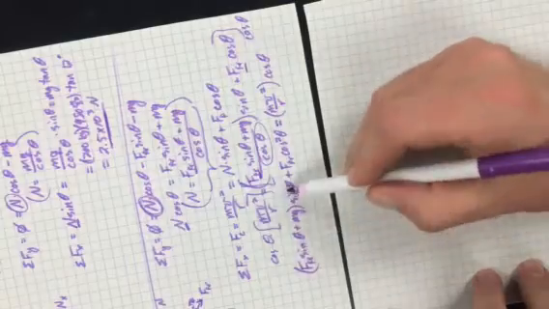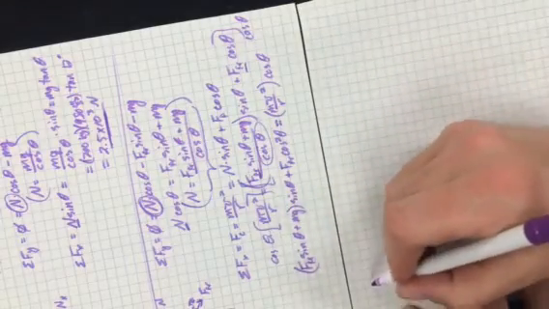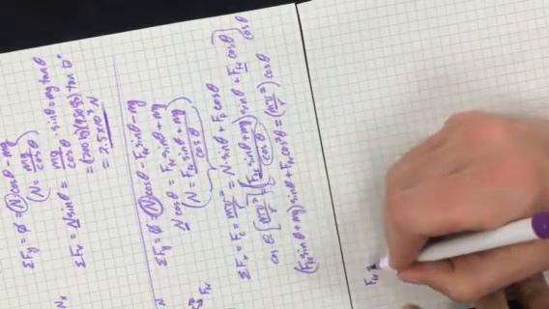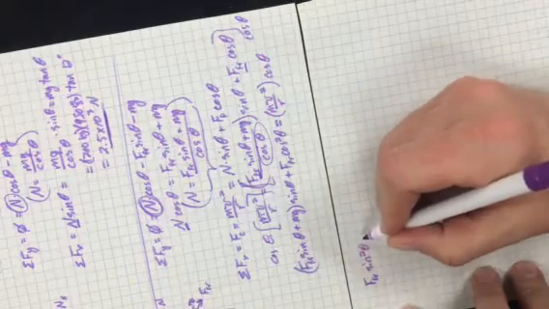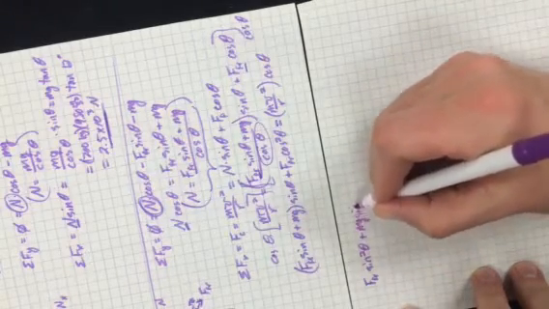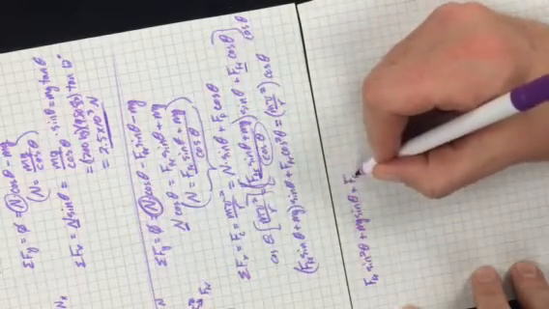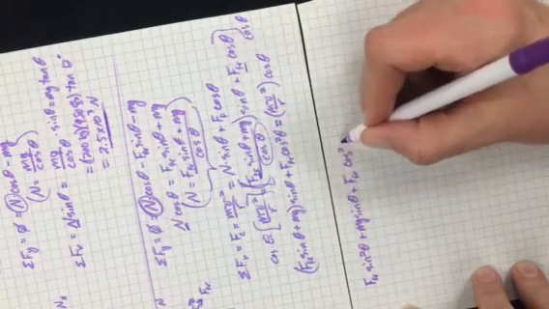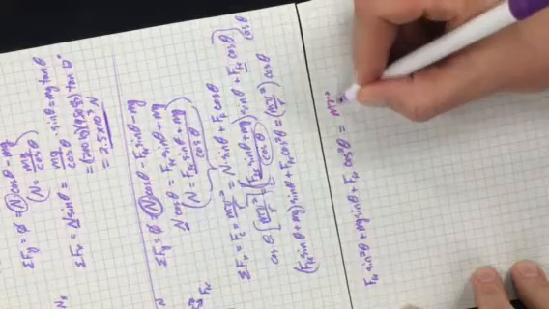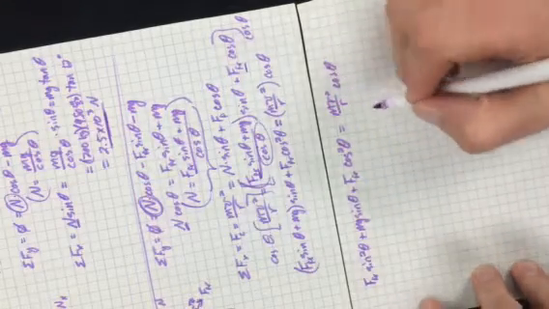So I'm going to go ahead and expand this. So I end up with that times sine squared of the angle plus mg sine of the angle plus, then this doesn't change, force of friction cosine squared equals mv squared over r cosine theta.